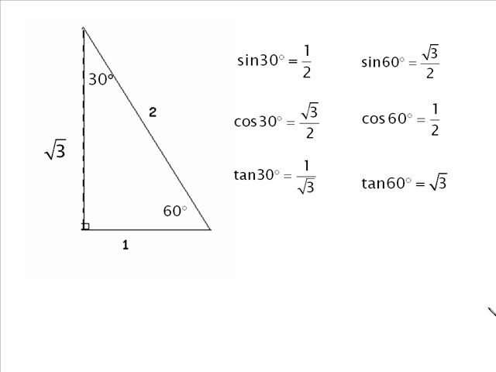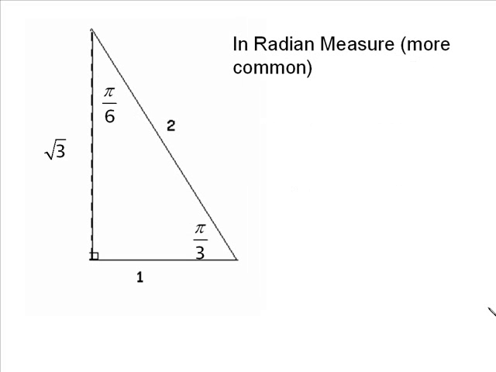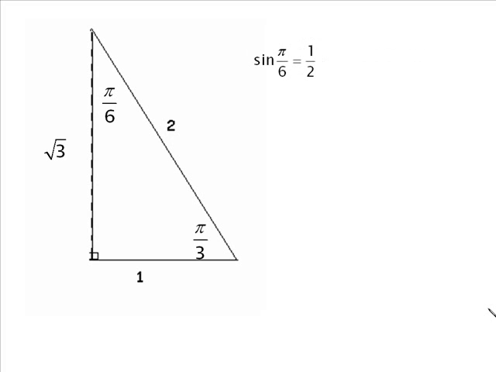Now that takes care of it in degrees. However, we mostly work in radian measure. So if you went back to the triangle and I converted those degree measurements into rads, 30 degrees is pi over 6. Now you could convert that by the conversion formulas, but I hope by now that you're fairly comfortable with that. 30 degrees is the same as pi over 6, just as 60 degrees is pi over 3. So we can work out each of those ratios now in rads.